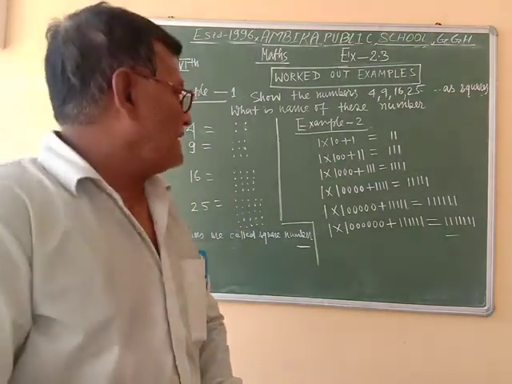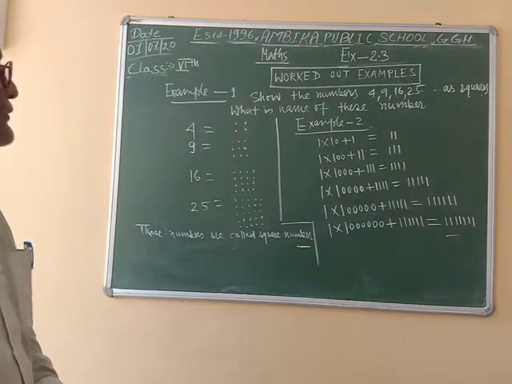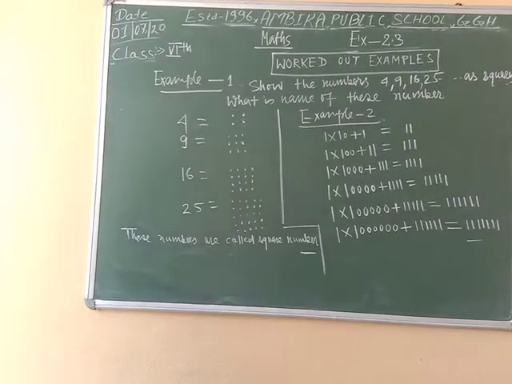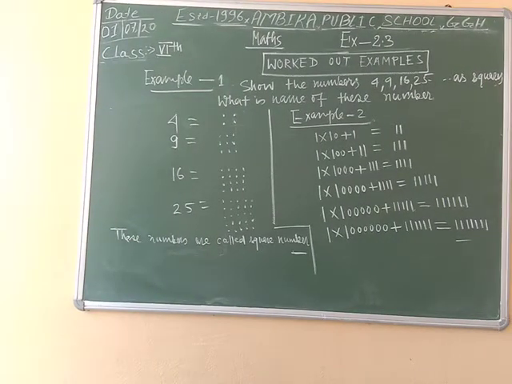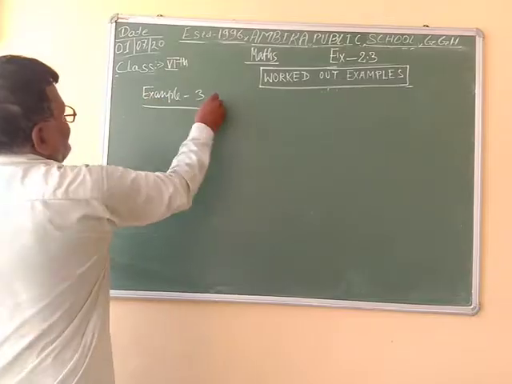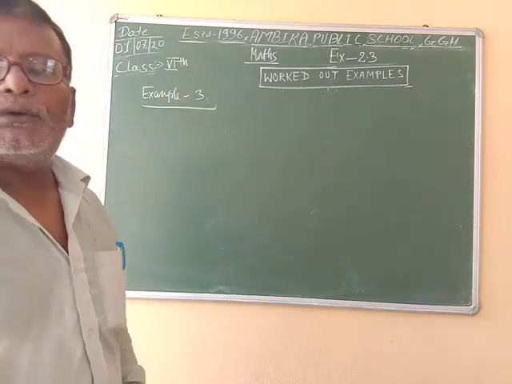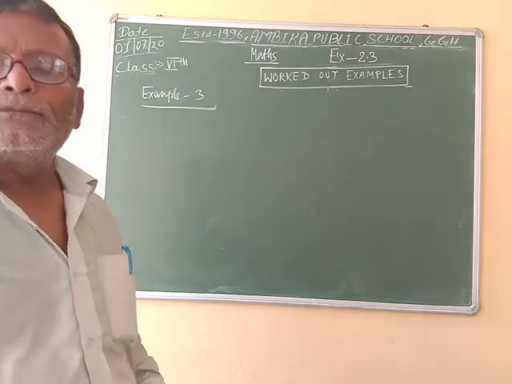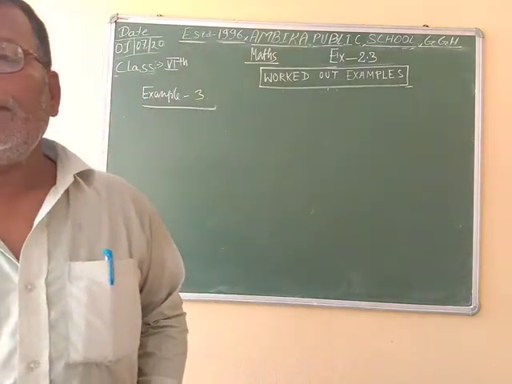Now example 3. If the product of two whole numbers is 0, can we say that one or both of them will be 0?